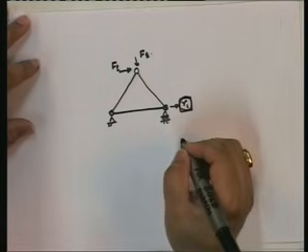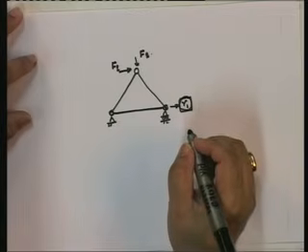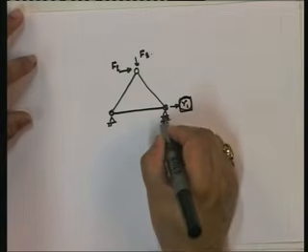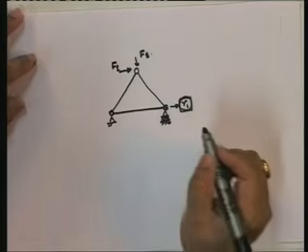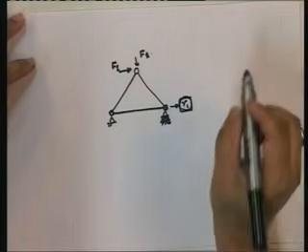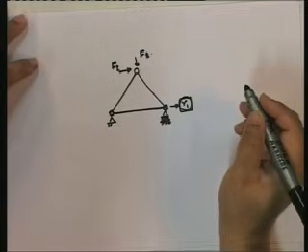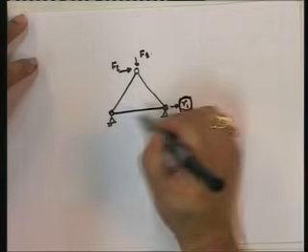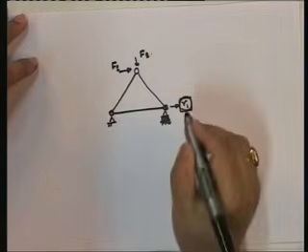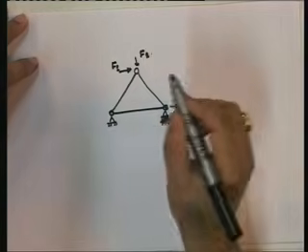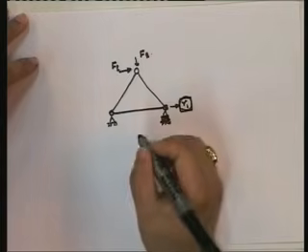Let's see. The first step is what? The first step is, note that this is a statically determinate structure. I've made it purposely that. So the first step is to find out all the forces in all the members and supports. So I can easily get it. Let me give some numbers.